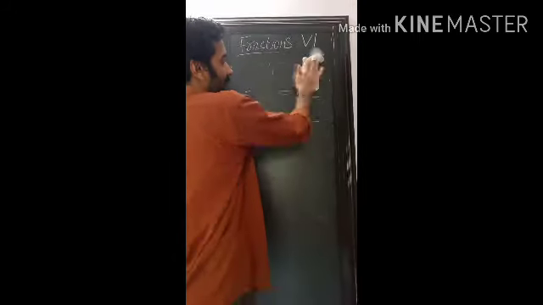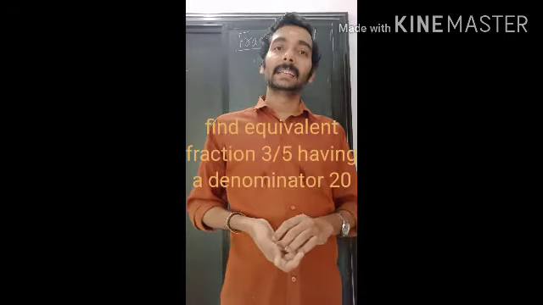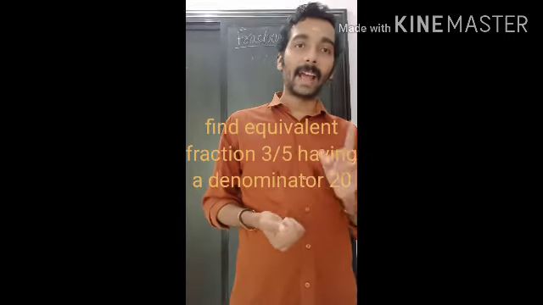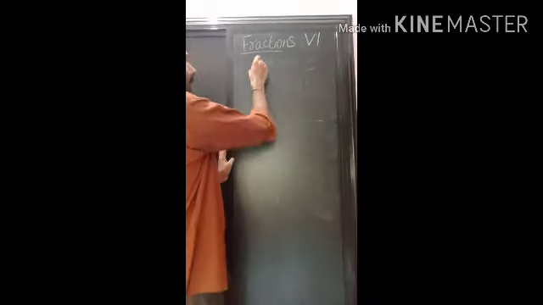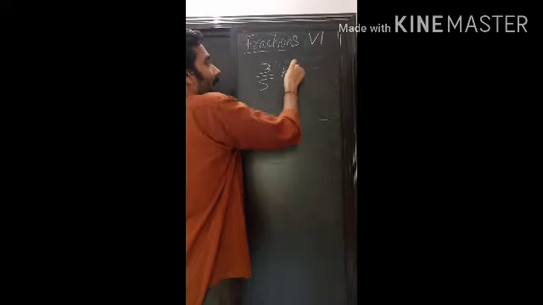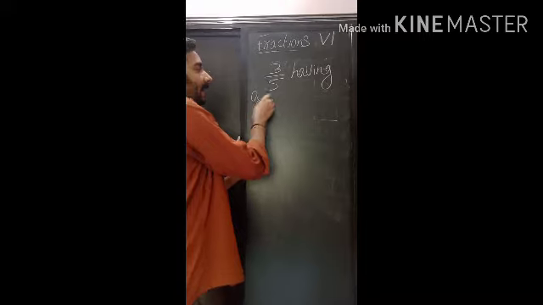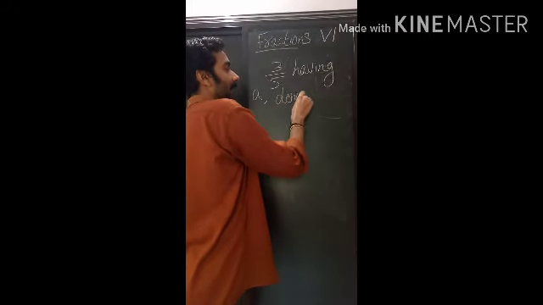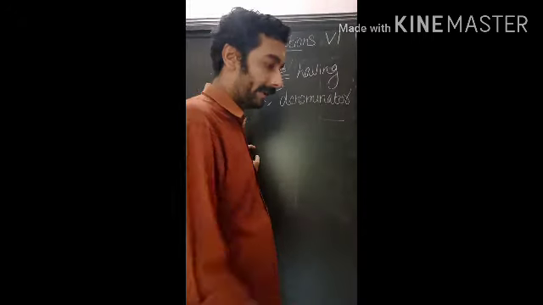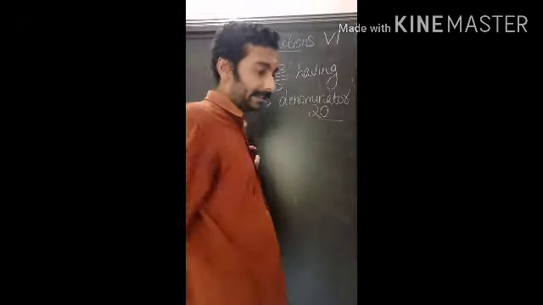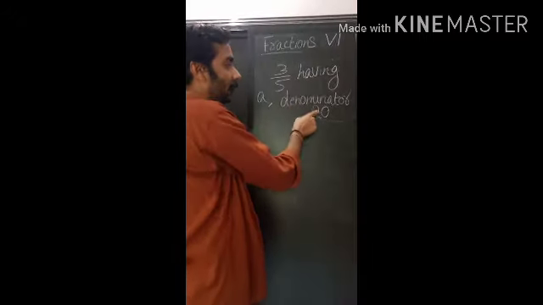Then the last question: find the equivalent fraction of 3 by 5 having, very important, first A, denominator 20. Equivalent fraction of 3 by 5 having denominator 20.